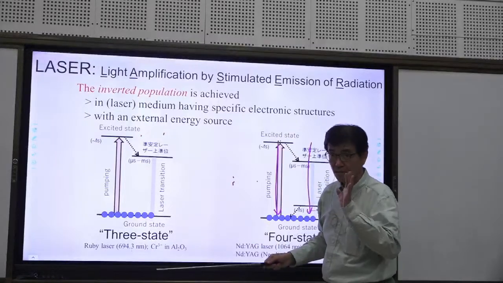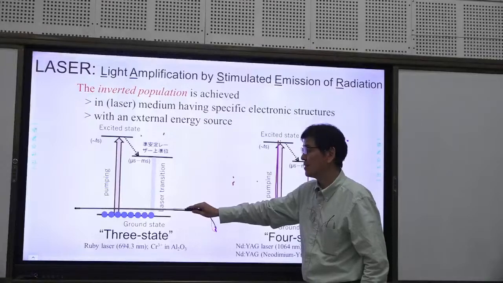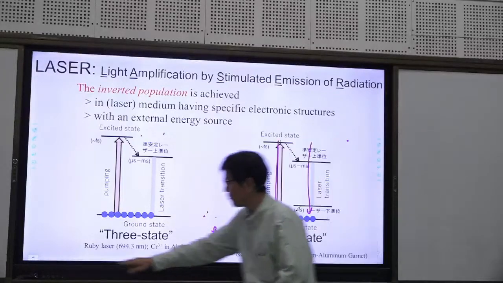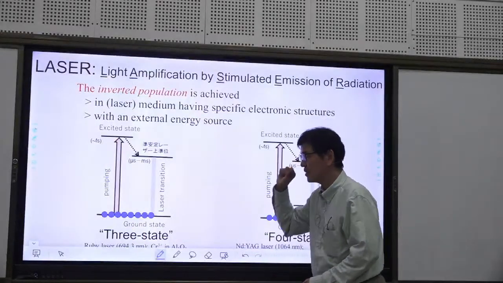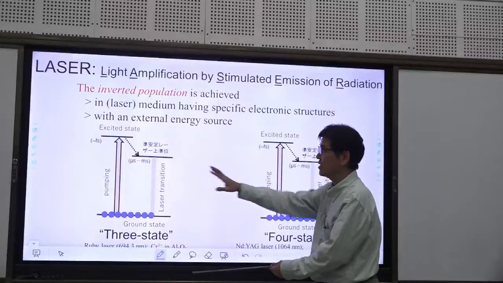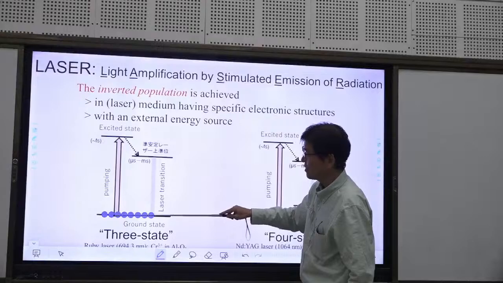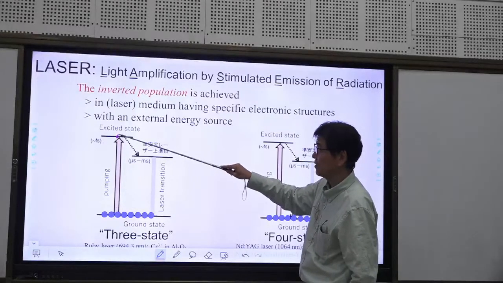If there is no external energy source, all the population is in the ground state. But by illuminating some light to this system, this population is pumped to the upper state. Okay?